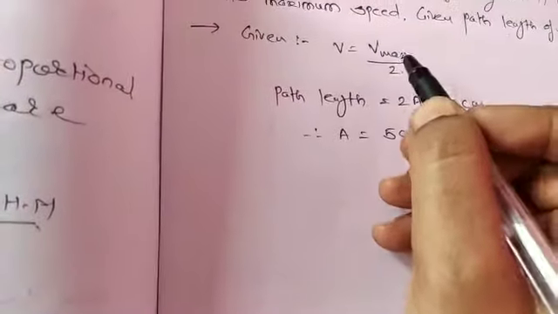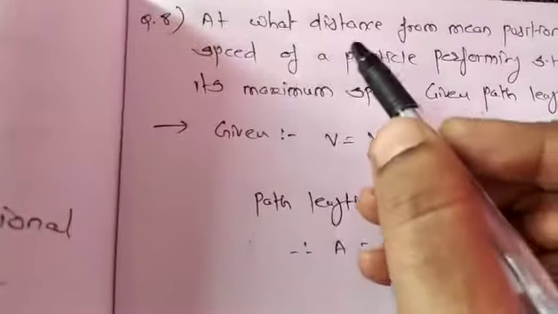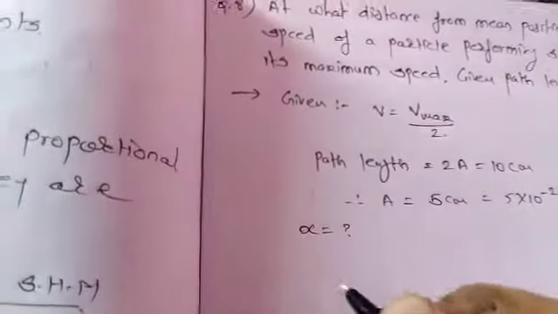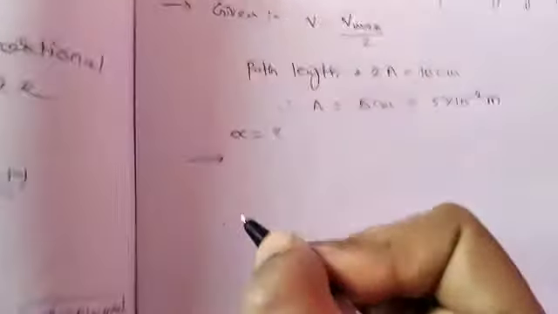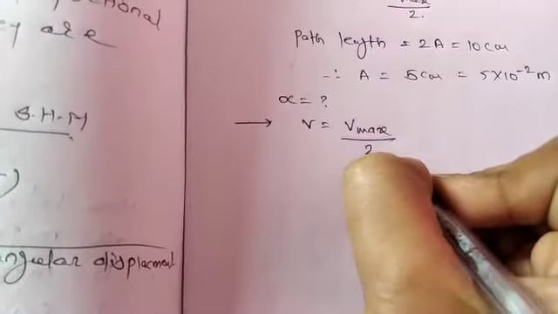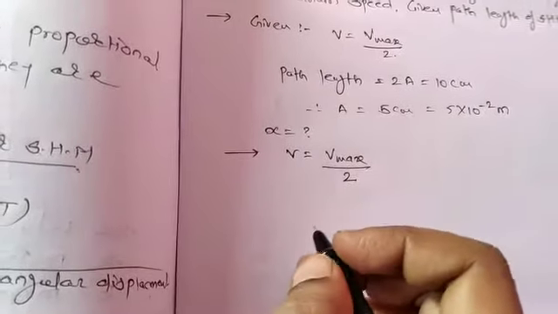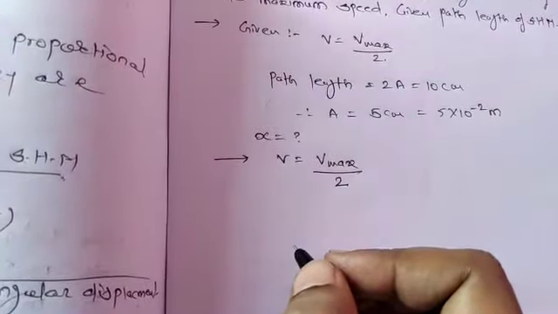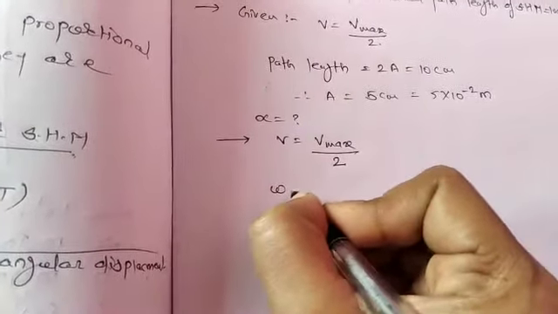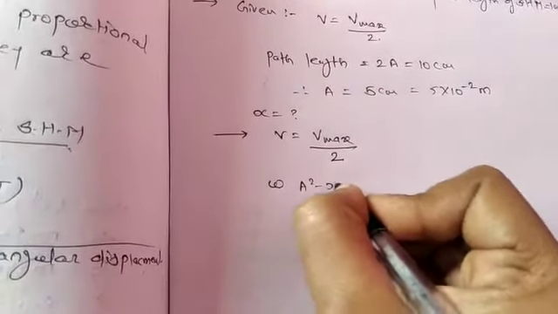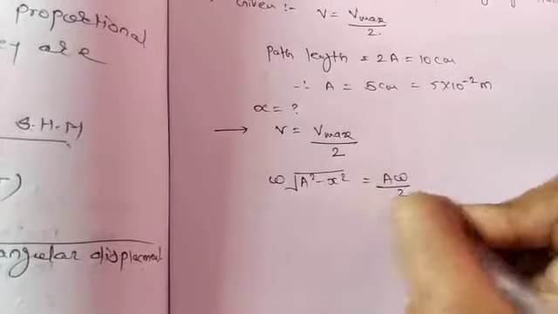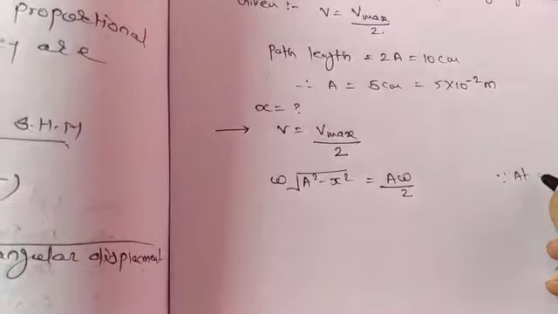So here what we have to find is the distance, that is x, the displacement. Here v is equal to v max upon 2. At the mean position, we know that v max is equal to A omega. So we'll write directly the formula: omega root of A square minus X square is equal to A omega upon 2.